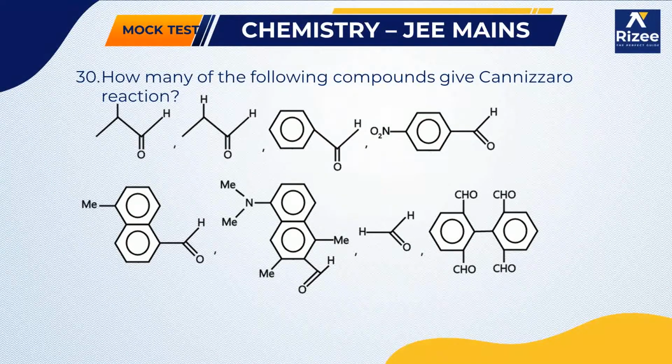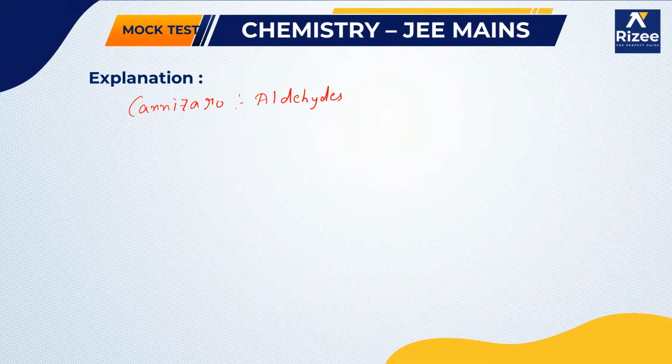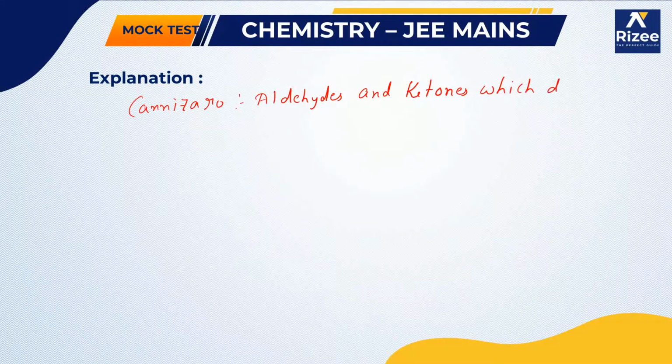How many of the following compounds give the Cannizzaro reaction? So Cannizzaro reaction will be shown by which compounds? The Cannizzaro reaction can be shown by aldehydes and ketones which do not have alpha hydrogens.